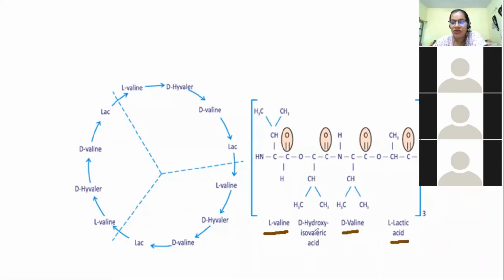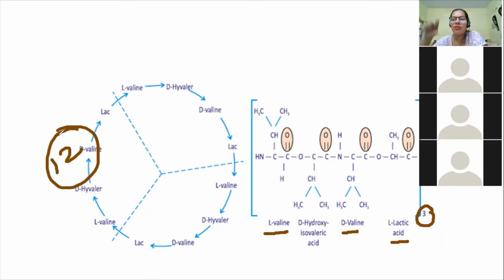So 4, 3, 12. It is dodecadepsipeptide because of the presence of the double bond types. What you have to remember is not the structure but the sequence: L-valine, hydroxyvaleric acid, D-valine, and lactic acid. So this ionophore has amino acids of both conformers, L and D.